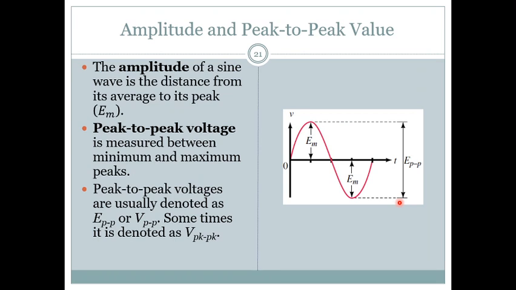A few more parameters. Amplitude is the distance from 0, or its mean value, to the peak. Peak to peak voltage, as you can see here, is defined by an uppercase letter because it's a time invariant parameter. Even the peak to peak voltage is time invariant, which is equal to 2 times the peak, 2 times the amplitude.